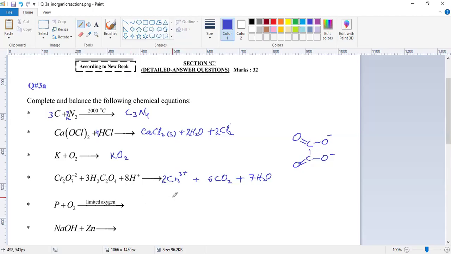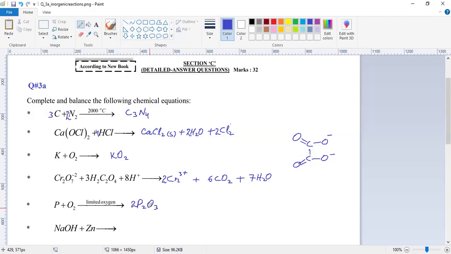Now there are two reactions when phosphorus reacts with oxygen. We are asked to write the equation when limited oxygen supply is there. In limited oxygen supply, the product is P2O5, sorry, P2O3. But if it was in excess, then the product would be P2O5.